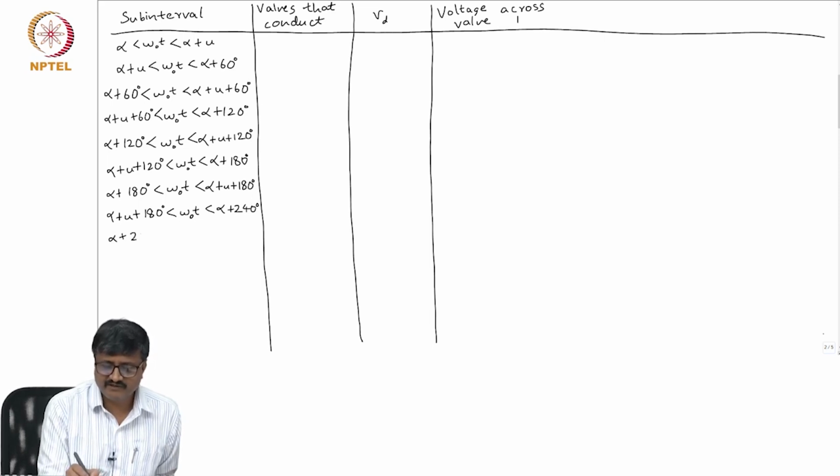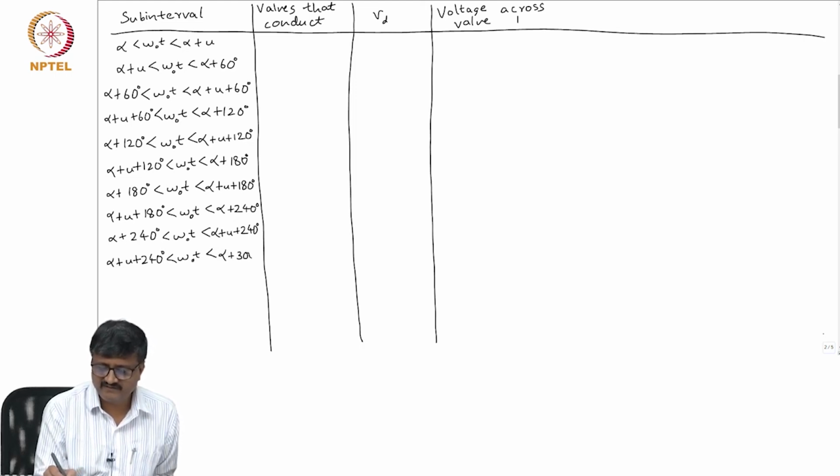Alpha plus 240 degrees to alpha plus u plus 240, alpha plus u plus 240 degrees to alpha plus 300 degrees, alpha plus 300 degrees to alpha plus u plus 300 degrees.